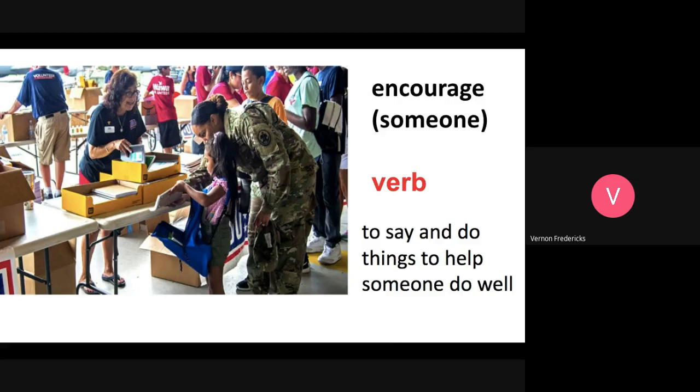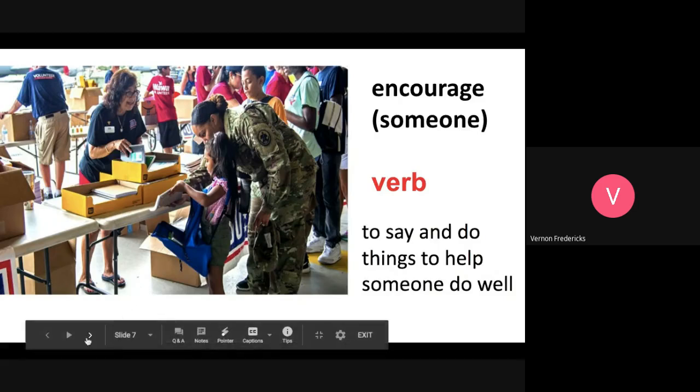The encouragement, which is a noun. So that is what encouragement is, and this is what encourage is, to help us to do well in something. It's the same as motivation. Okay, continue, students.